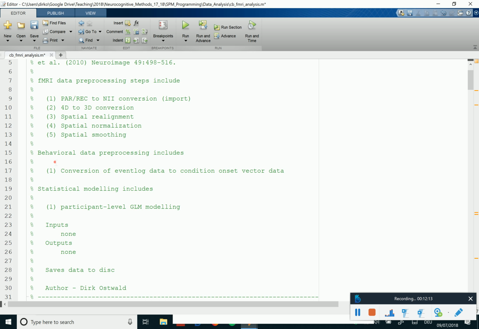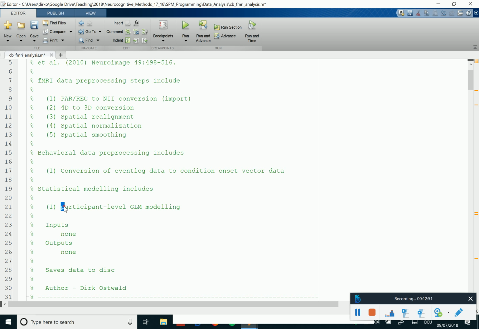And then I guess maybe it's already there, but soonish somebody will have written a function that converts BIDS event log data into SPM condition onsets, like a toolbox for that or whatever. So soonish one will not do that with one's own code anymore. Maybe it's already there, I haven't checked. But for most of the time this was the only thing one actually needed to do in terms of programming for an fMRI data analysis.